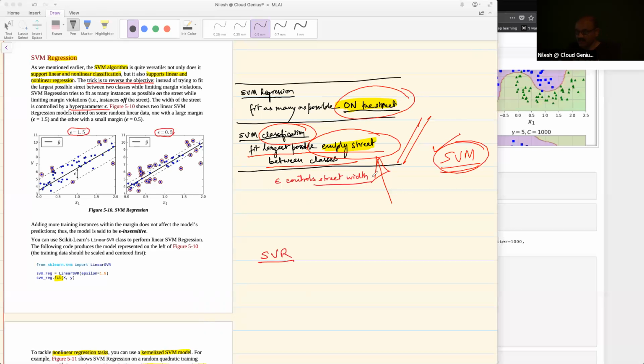In classification, we're trying to get an empty street. In regression, we are trying to fit every single data point on the street, as many as possible. That's the distinction between the two. And they operate basically the same way. You're just reversing the objective, which is the underlying concept behind support vector machine regression versus classification.